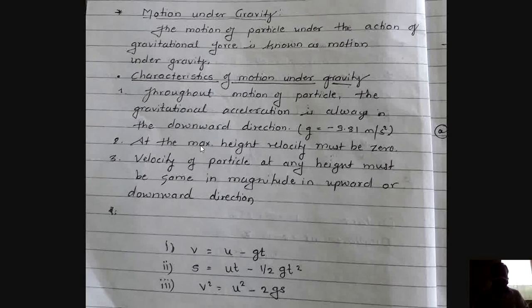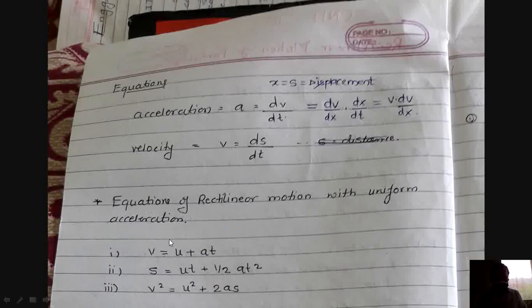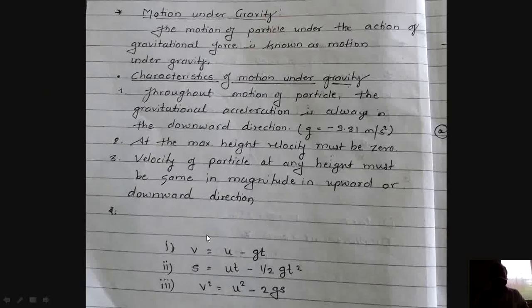So these are the equations. We change these equations, that is, we put the value of a as the gravitational acceleration, then we will get v is equal to u minus gt, s is equal to ut minus half gt square, v square is equal to u square minus 2gs. We need to use these equations when we analyze numericals like motion under gravity.